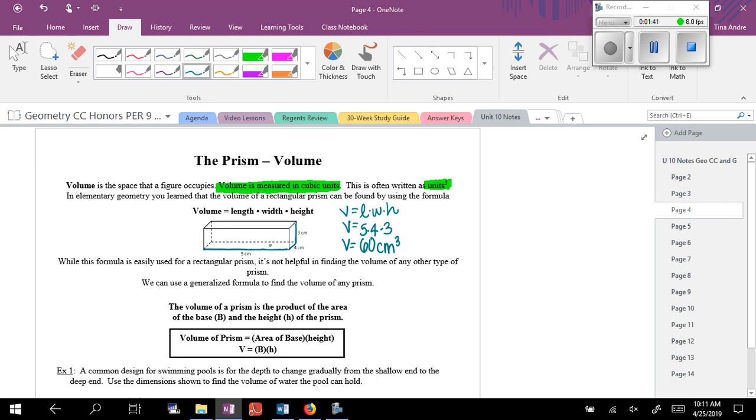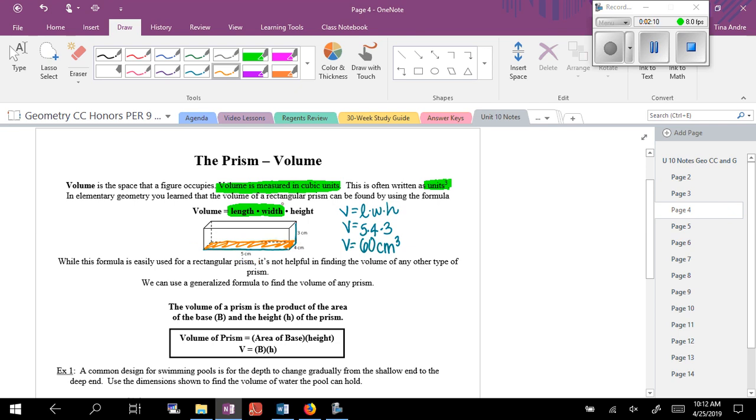One thing to notice is that length times width times height, you can still use when you are dealing with rectangular prisms. But really what we did was take the area of the base, so length times width. If I called these the bases, the top and the bottom, I took the area of the base, length times width, and then multiplied it by that third dimension.